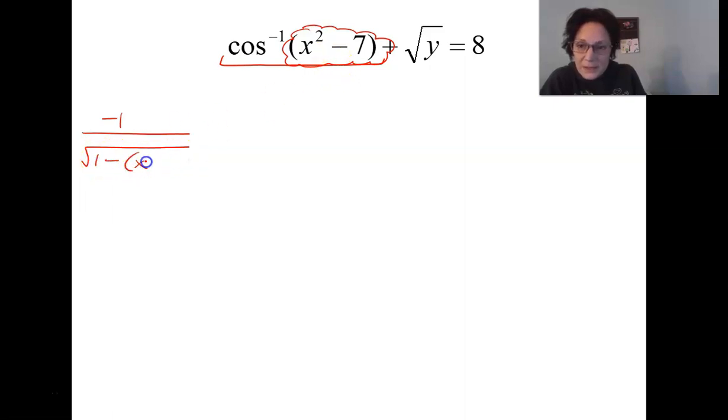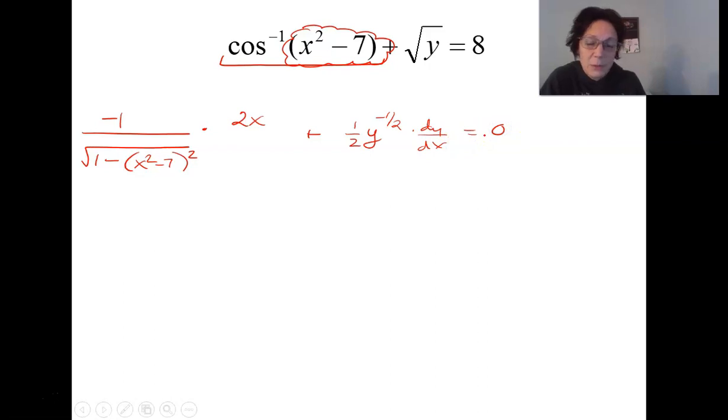So parentheses x squared minus 7, that whole quantity squared. And then chain rule, 2x, plus the square root of y. I need the derivative of that. So that's 1/2 y to the negative 1/2 dy dx equals the derivative of 8, which is 0.